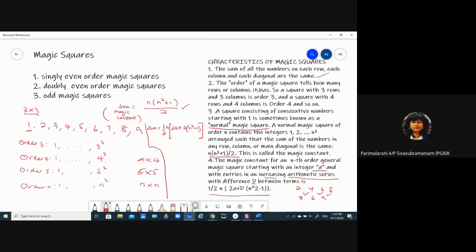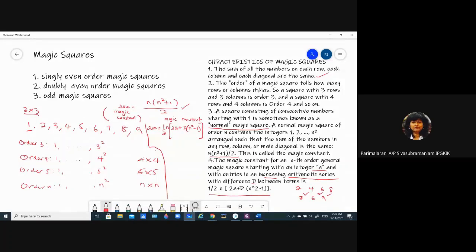This sum is also known as the magic constant. Here n is the order, a is the first integer, d is the difference. So using this formula, you can find the sum in each row or each column or each diagonal. Why do we need to find this sum? We need to know this sum before we can actually arrange the numbers in the magic square.